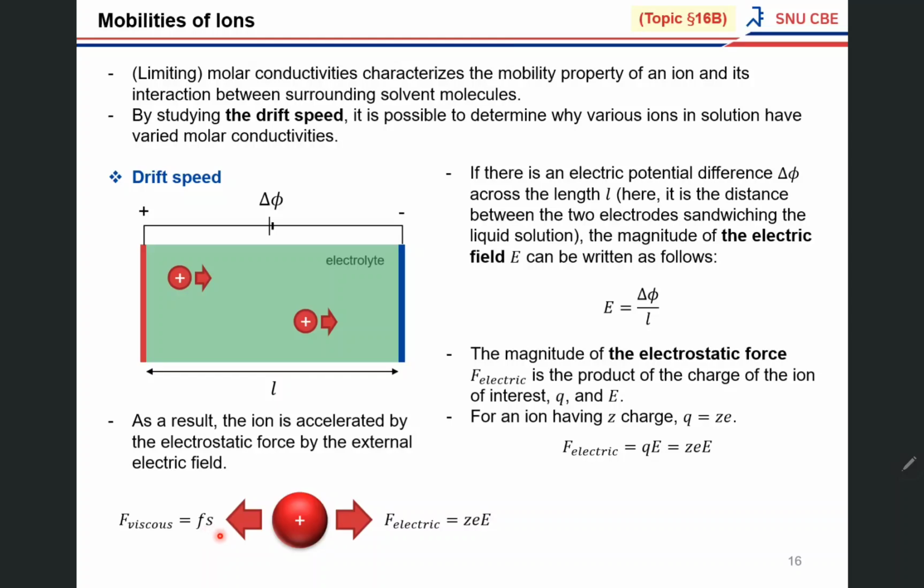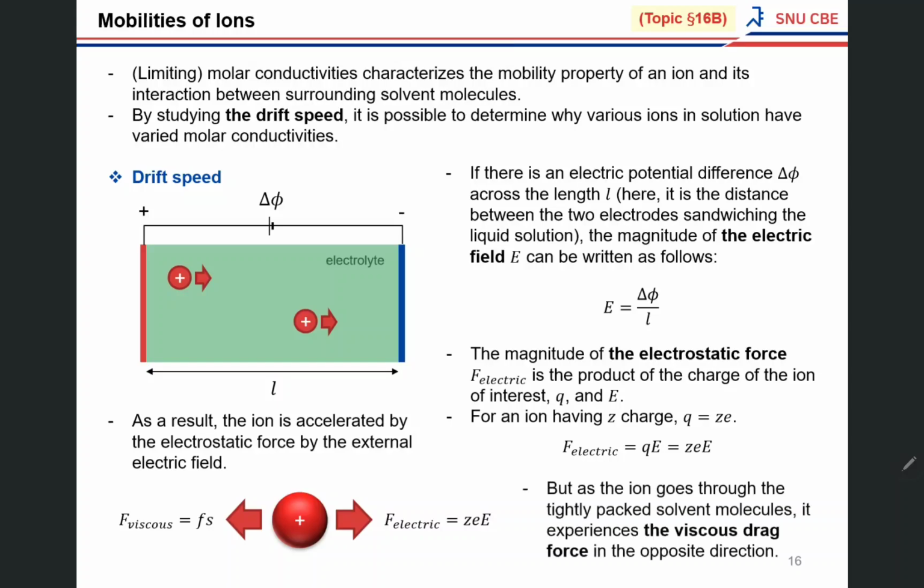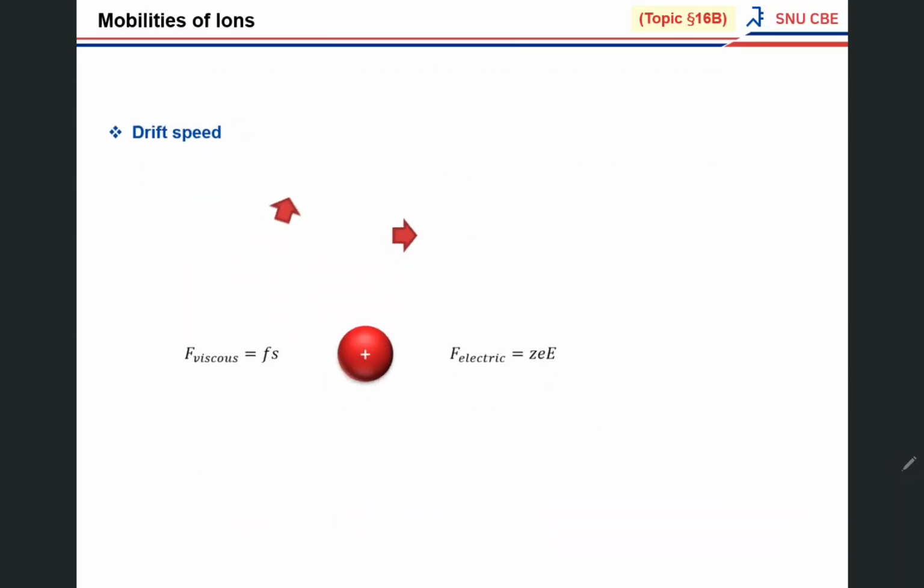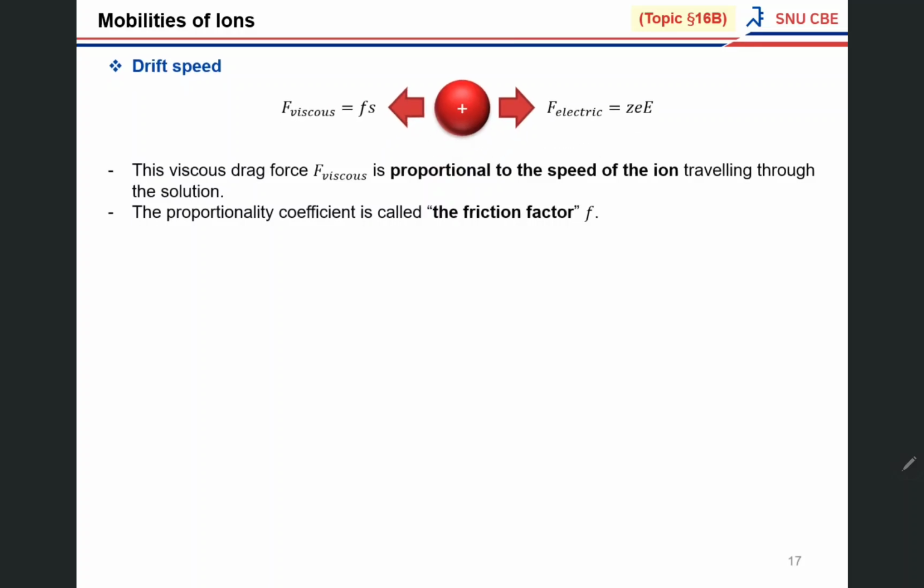Small s is the drift speed, so the viscous force is proportional to the drift speed, and the proportionality coefficient is called the friction factor. So now we have the balance between the two forces, the viscous drag force and the electrostatic force. Here the small f is called the friction factor.